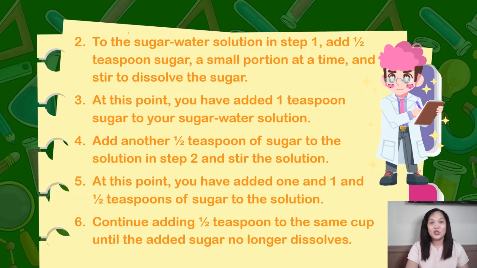Next, to the sugar water solution in step 1, add 1/2 teaspoon of sugar, a small portion at a time, and stir to dissolve the sugar. At this point, you have added 1 teaspoon sugar to your sugar water solution.